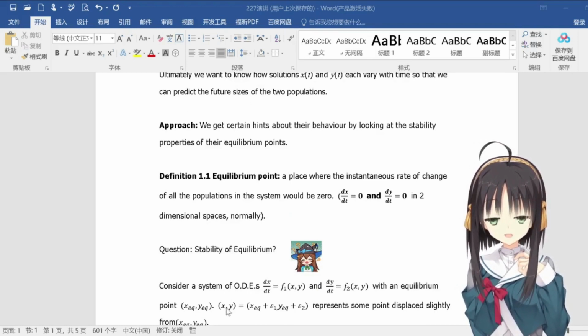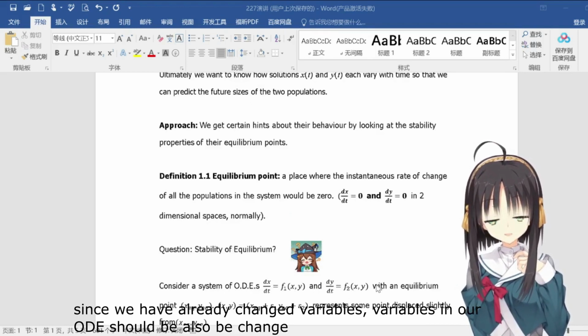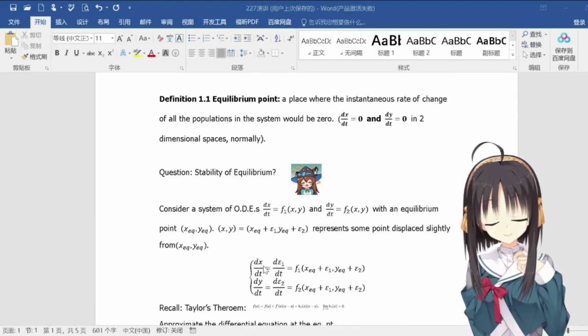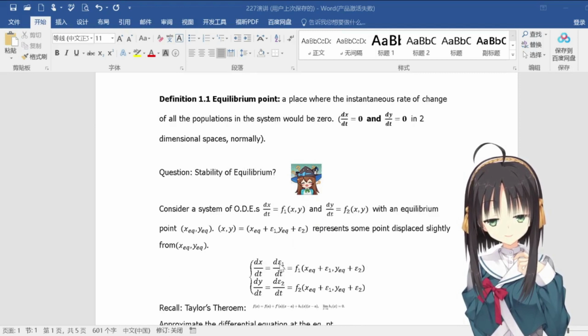Since we have changed the variables, the variables in our ODE should also be changed. Here we have dx/dt, which equals d(epsilon1)/dt, equal to f1 like this, and dy/dt is like this.